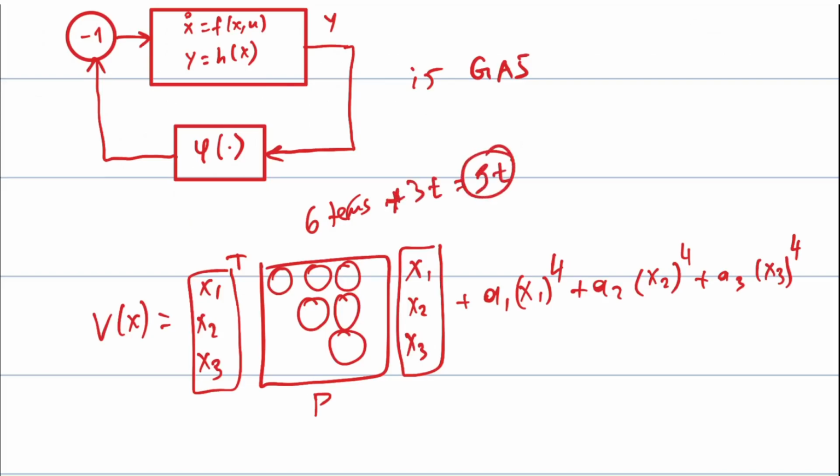We want to determine these 9 terms, because we impose some type of specific structure on our V of x function.